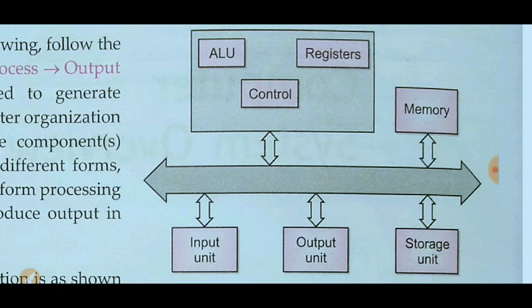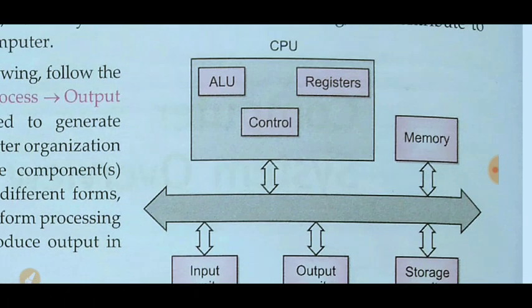Here input unit, output unit, memory, storage unit, everything we have discussed. Here only one thing is added, that is CPU is categorized into three forms. One is ALU, second one is control unit, and third one is register. Register is nothing but it is used to store information in it.